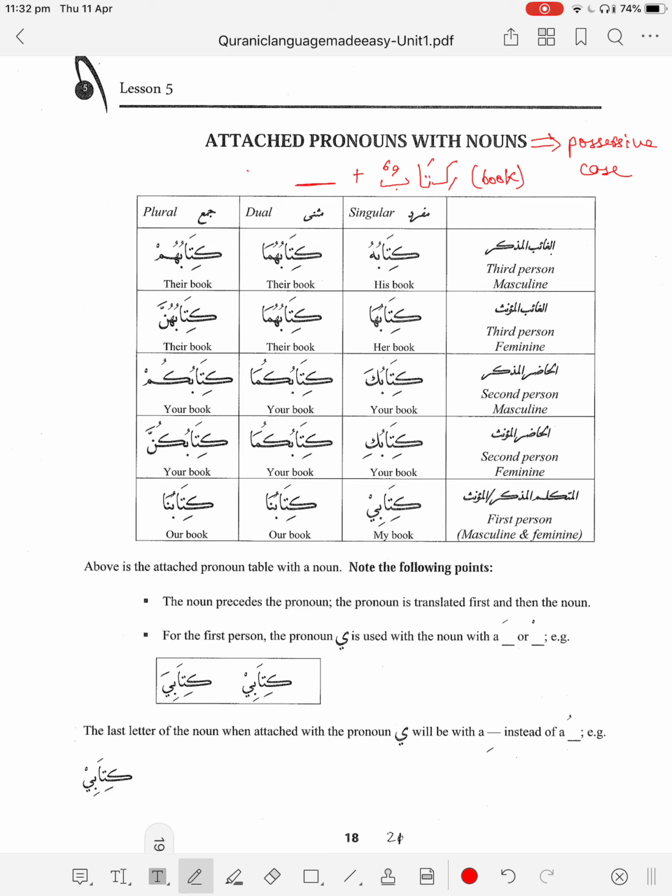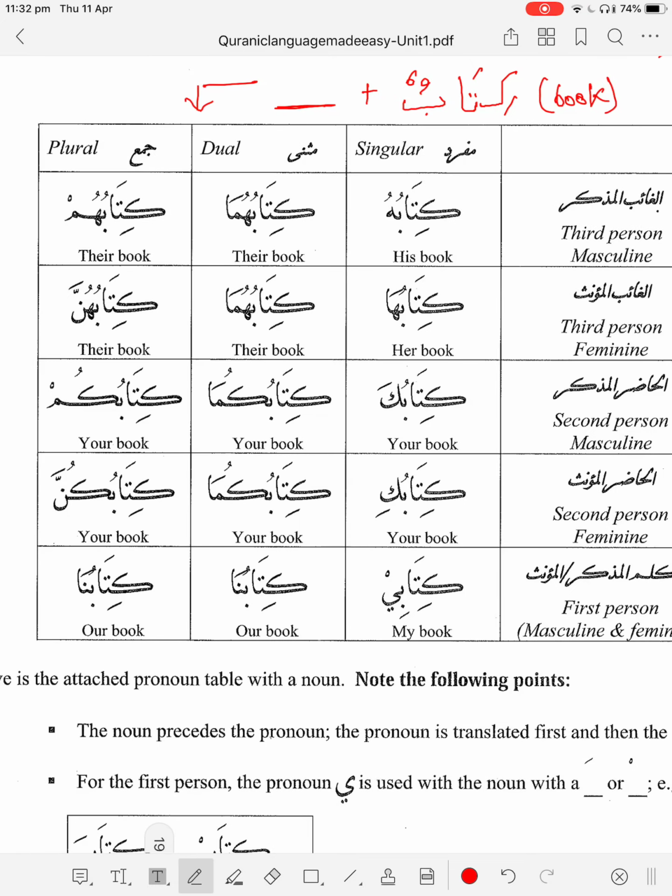So this is that entire table which has been given here. If you recall all the attached pronouns, there was kitabuhu, huma, hum, ha, huma, hunna, ka, kuma, kum, ki, kuma, kunna, and then ya, and then na.